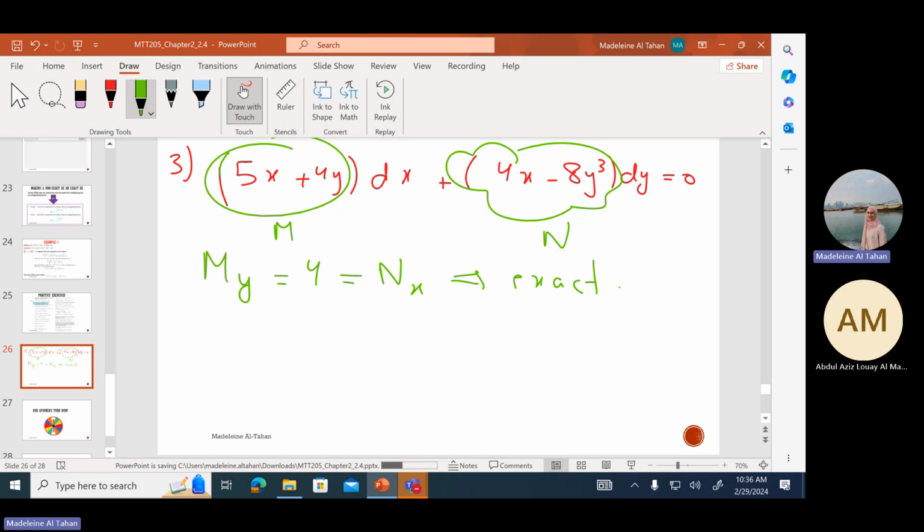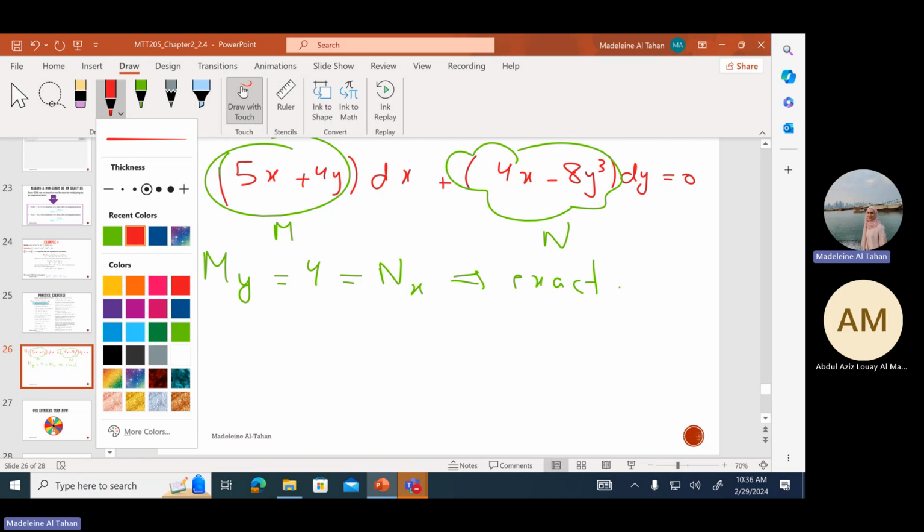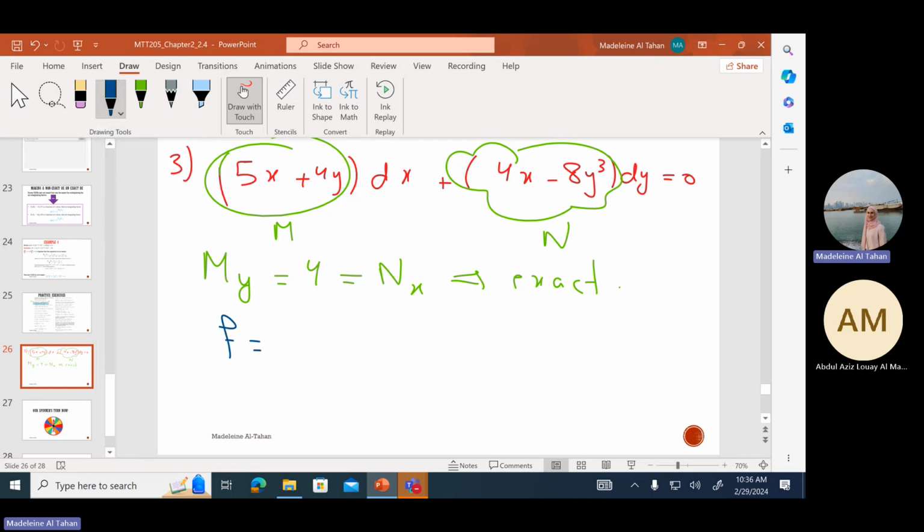After that step, what's the next thing that we need to write on the screen? F equal constant is the solution, where F_x equal M and F_y is equal to what, miss? N. This step, all of us wrote it? Okay.